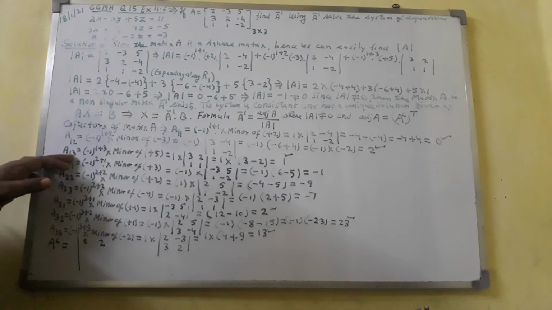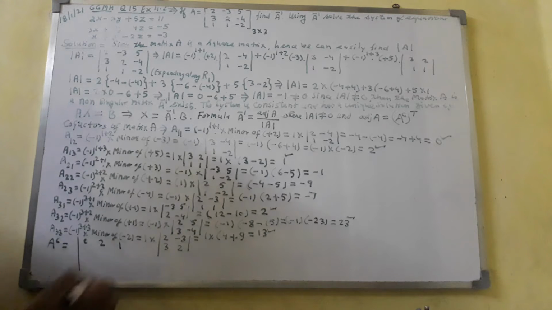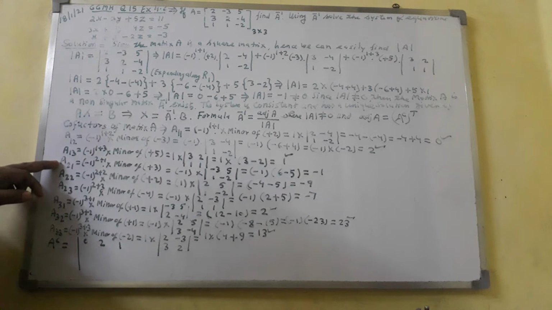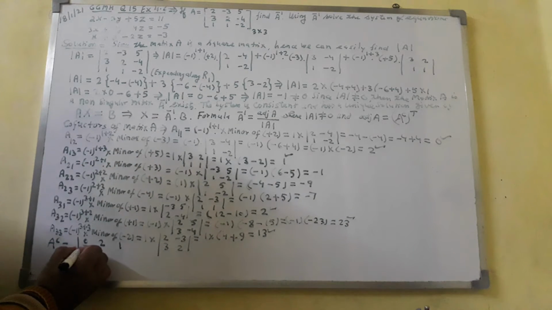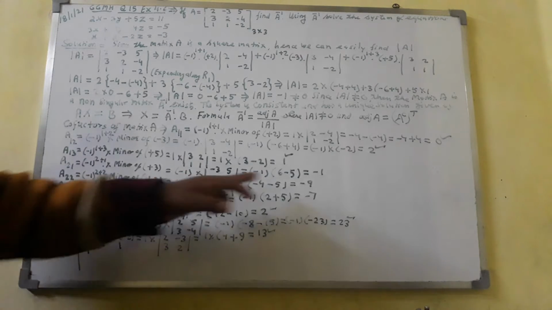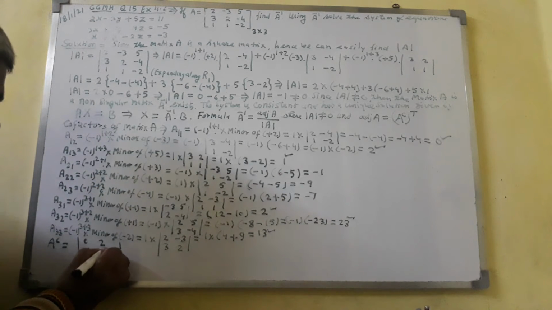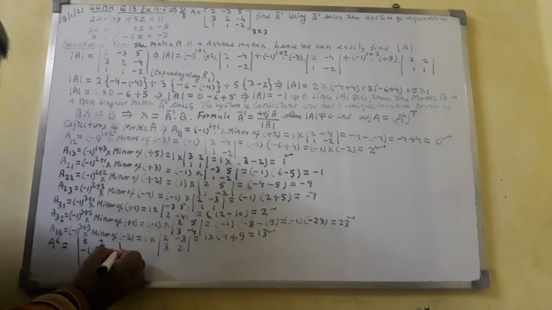A 13 value is 1. Write here 1. A21 value is minus 1. A22 value is minus 9. A23 value is minus 7.